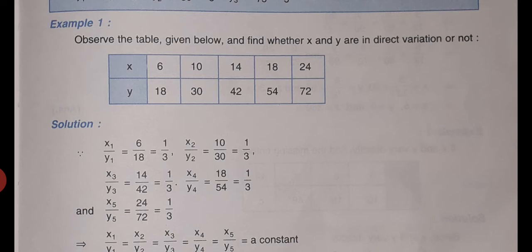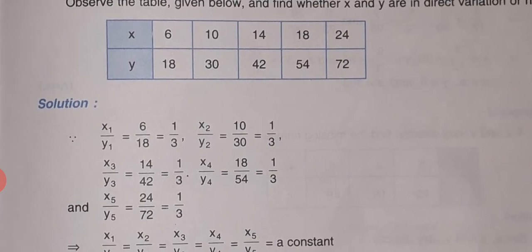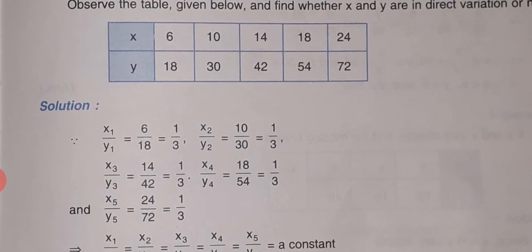To check it, at first we shall write the first column 6 by 18 as x1 by y1 equals 6 by 18, and dividing both the numerator and denominator by 6, we shall get 1 by 3. That means 6 by 18 equals 1 by 3.